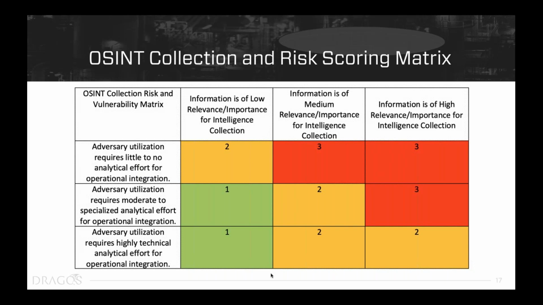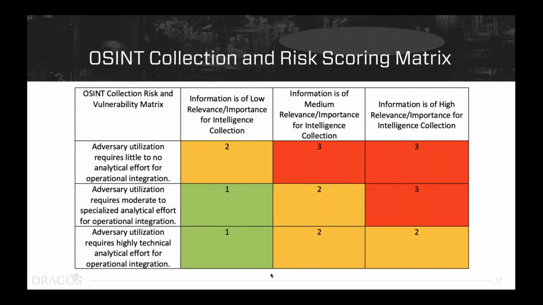To enable asset owners and operators to better understand the risks that openly collected information poses to an organization, Dragos developed the OSINT collection and risk scoring matrix. With this matrix, users can quickly apply scores to identified information and the risk of an adversary operationalizing it against them.